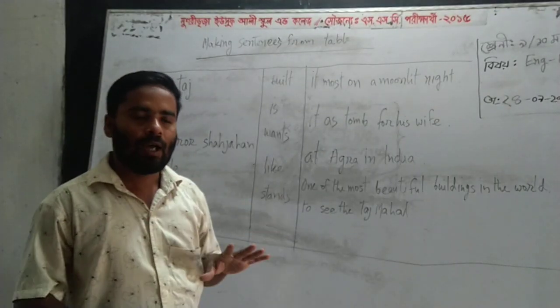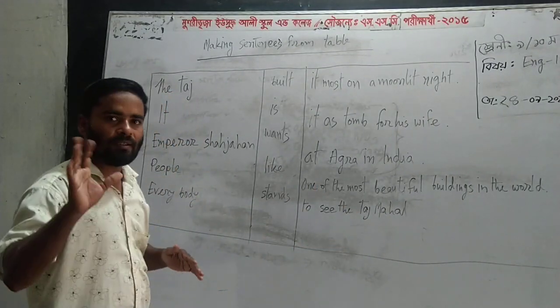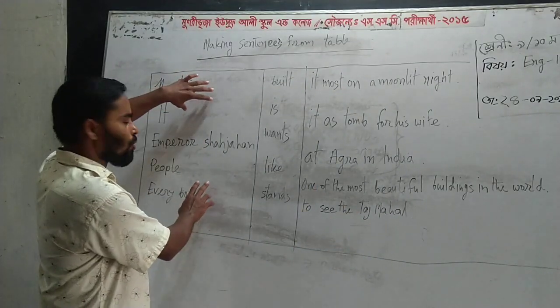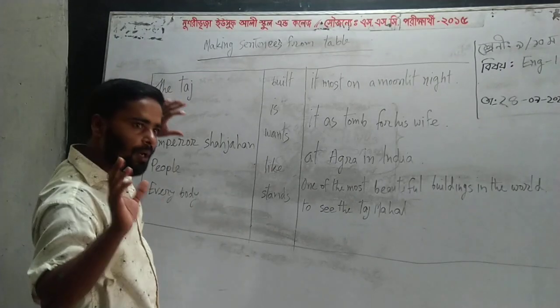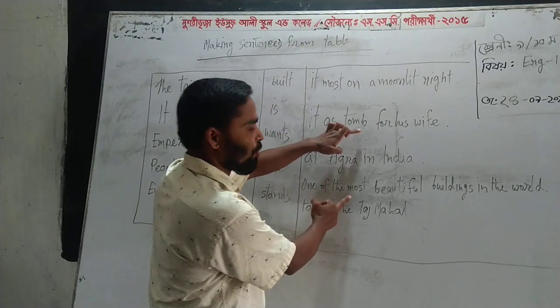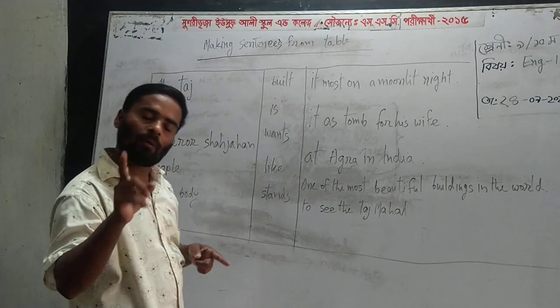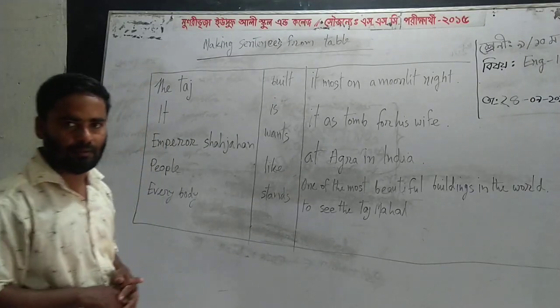So you will have to make 5 sentences from this table, and you must take one subject, one verb, and one object. These 3 will make a sentence.